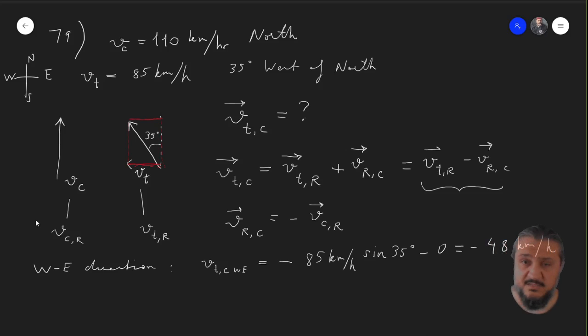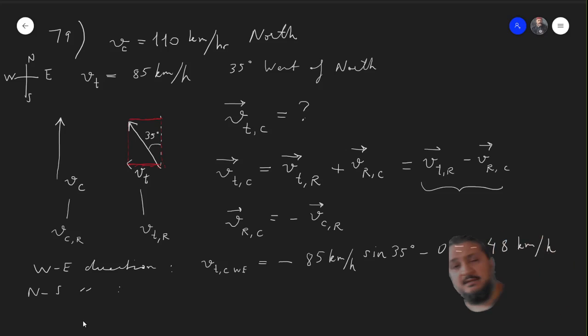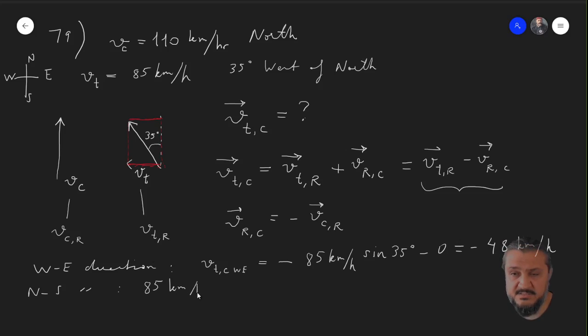Now what about the north-south direction? North is positive, up in my convention, so I need 85 kilometers per hour times cosine 35 from the first term.